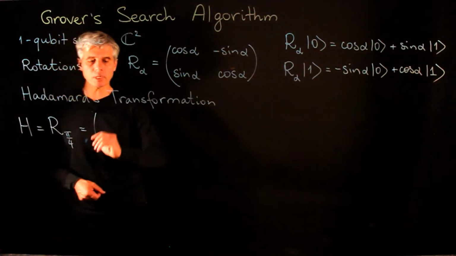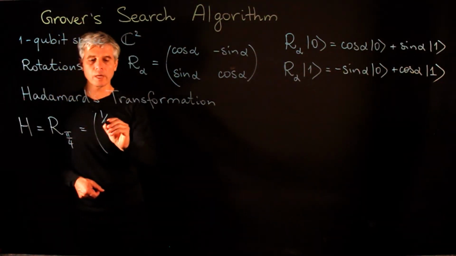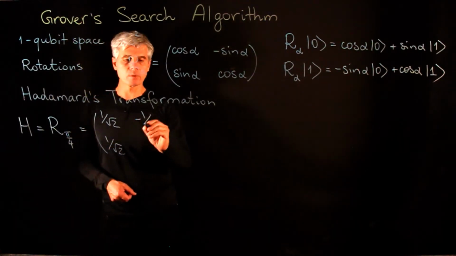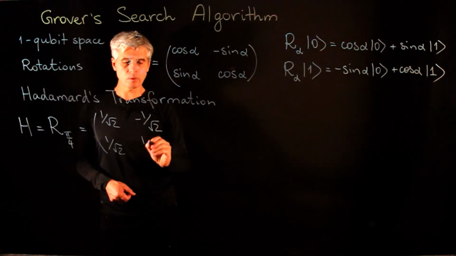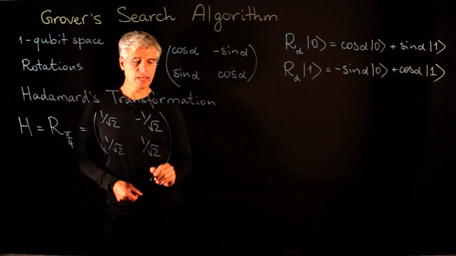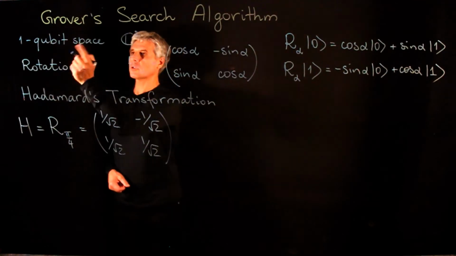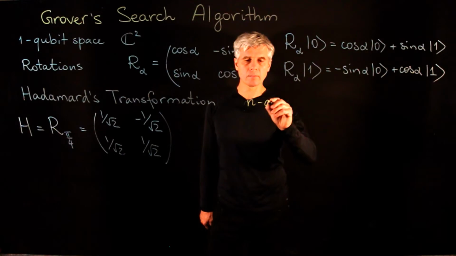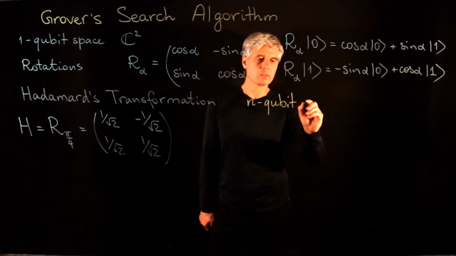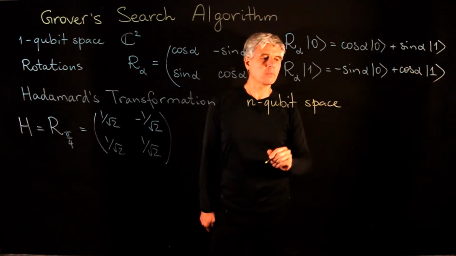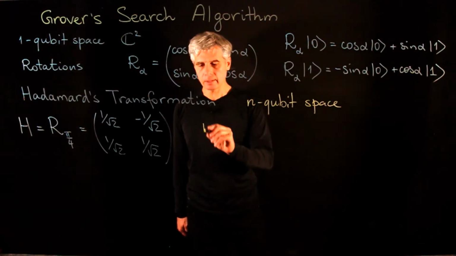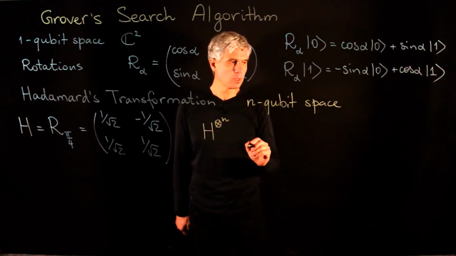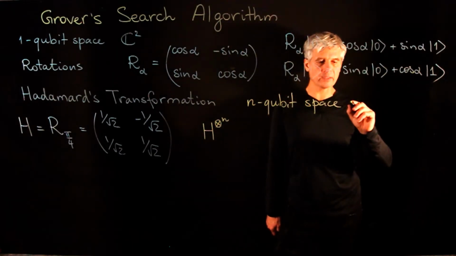The matrix of this transformation is 1 over square root of 2, 1 over square root of 2, minus 1 over square root of 2, and 1 over square root of 2. And it acts on the space of 1 qubit. An interesting thing happens when we take an n qubit space and we apply the tensor power of the Hadamard transform to the 0 vector.